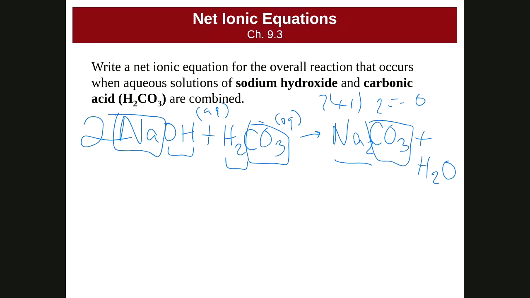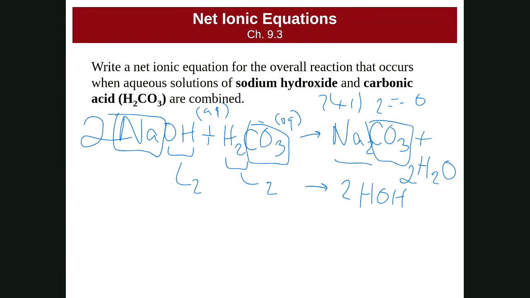That gives us 2 hydroxides and 2 waters, which is going to give us 2 HOH if we just add them together. So that means we need 2 water molecules. All right, so our balanced reaction is 2 sodium hydroxide molecules plus a carbonic acid molecule reacting to form sodium carbonate and 2 water molecules.